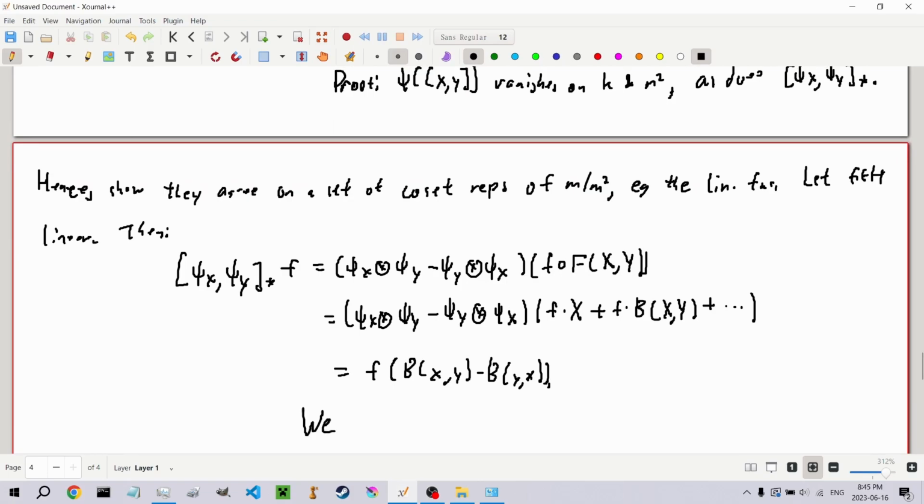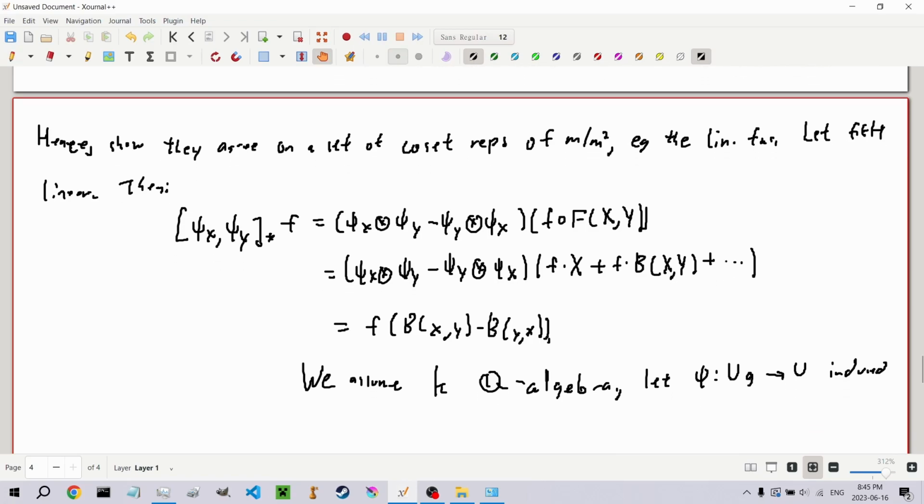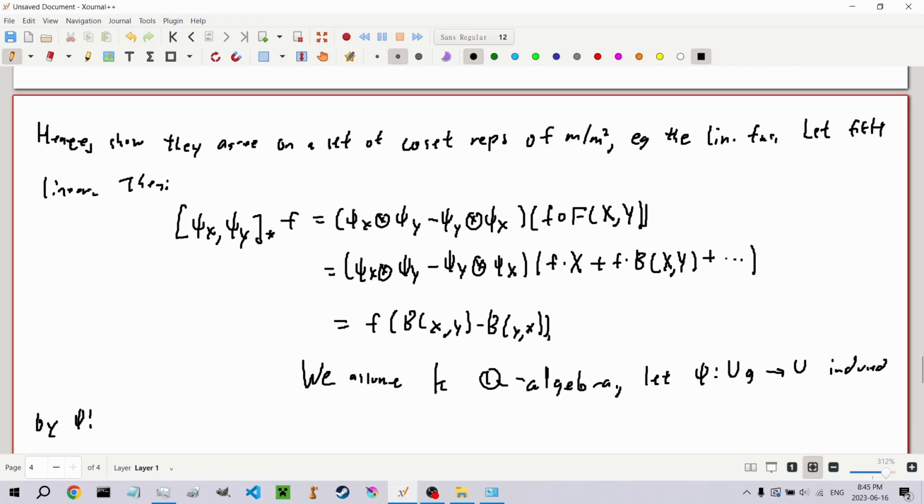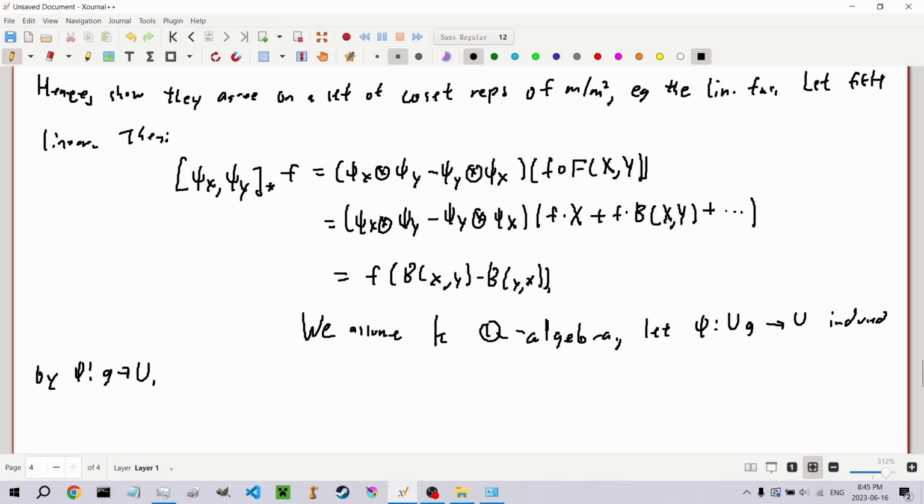Now going forward, we assume that K is a rational algebra, and we extend our map C from our Lie algebra to be the map induced by our map C from G to U. There's just a natural extension to the universal enveloping algebra of G. So we're just going to push it over there without too much thought.